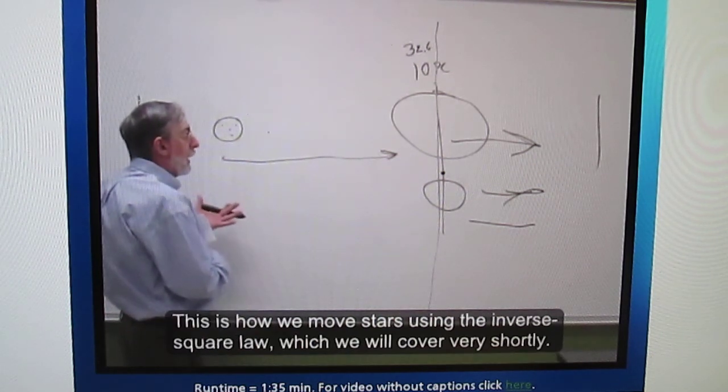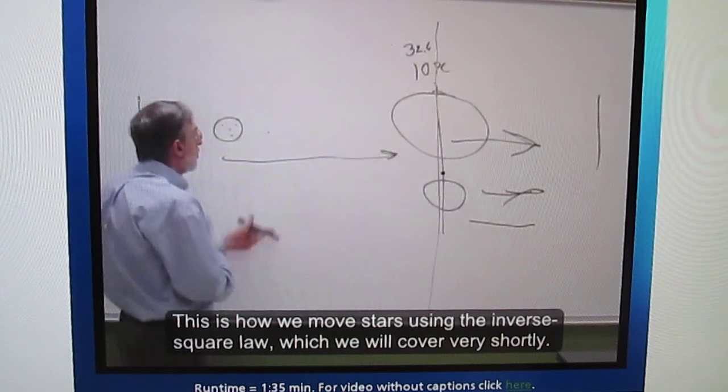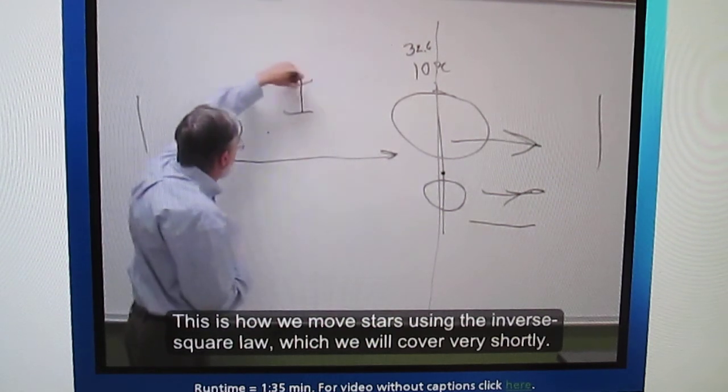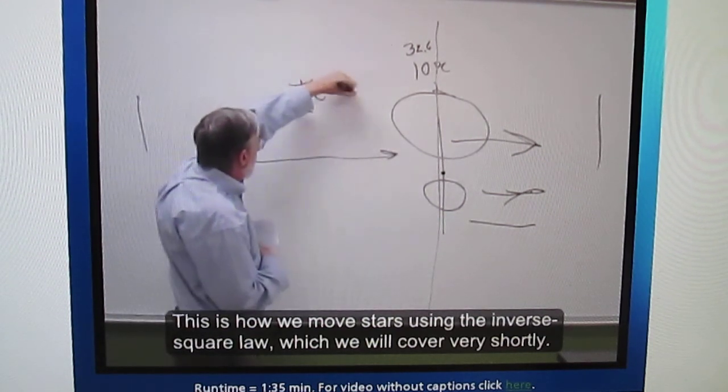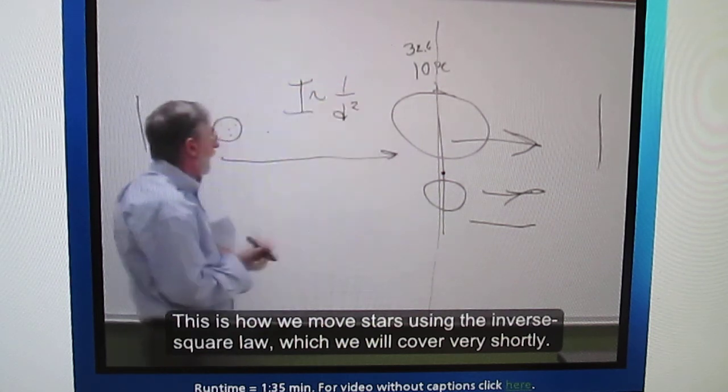This is how we move stars using the inverse square law, which we will cover very shortly.